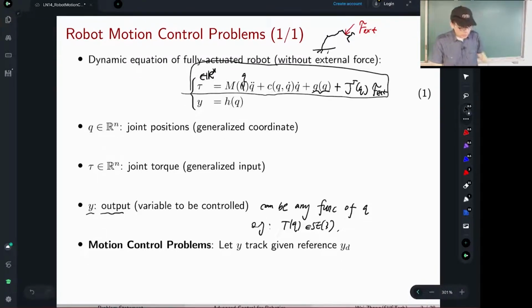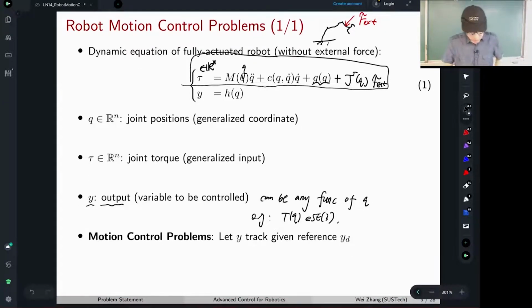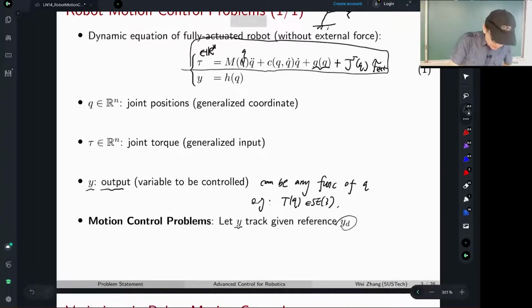Let's not distinguish that. Let's just use Y to define the quantity that we want to control. And the robot motion control problem is to let Y track a given reference. That's exactly the motion control problem.